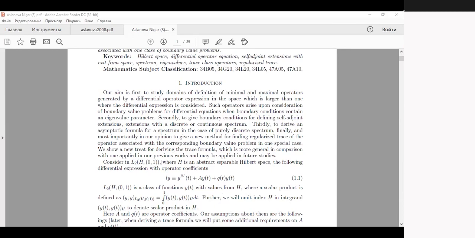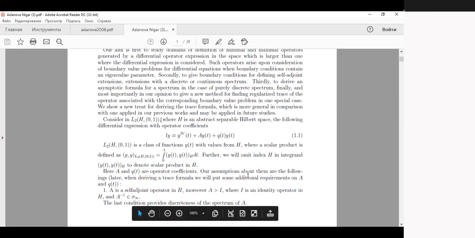So A is a differentiation operator. Q(t) is a bounded operator. It might be some multiplication operator, it might be an integral operator, and so on.